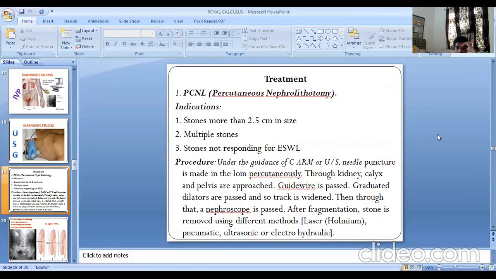Treatment will start in the next class. So students, this is all about the types of renal stone and diagnostic techniques of renal stone.